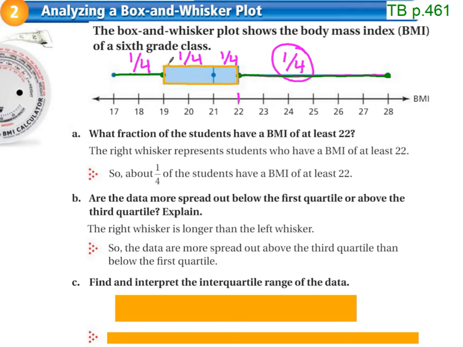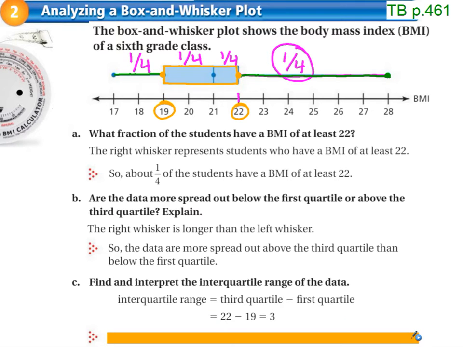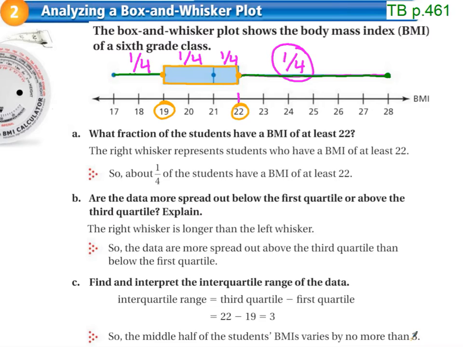So if I take quartile 3, which has a value of 22, subtract quartile 1, which was a value of 19, I get the answer 3. So what that means is the middle 50%, or the middle half of the data, varies by no more than 3.